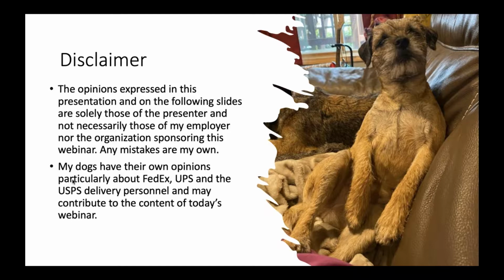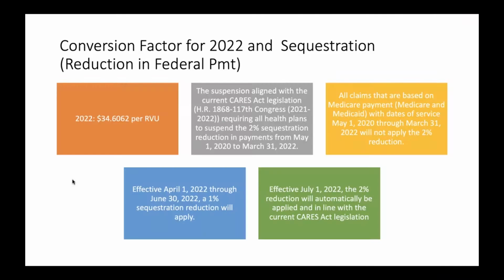Okay. So to get right into it, conversion factor for 2022 and sequestration, which is the reduction in federal payment, which began several years ago. We were supposed to be hit, if you recall, last year by a $3 reduction. Congress stepped in with the CARES Act and suspended that last year.